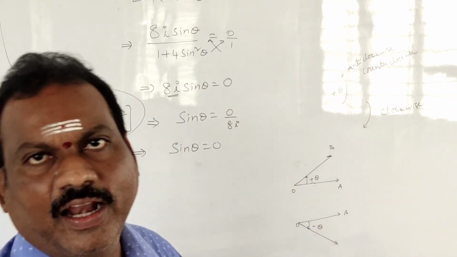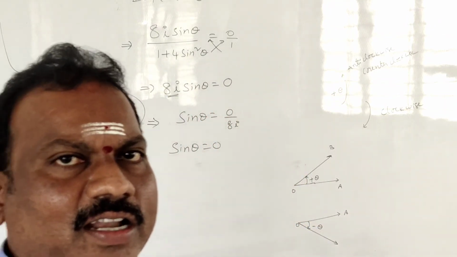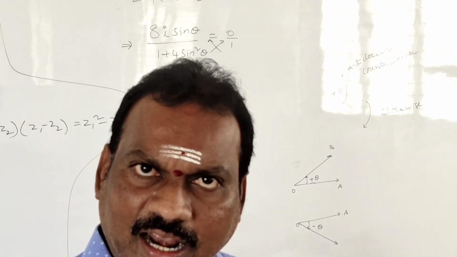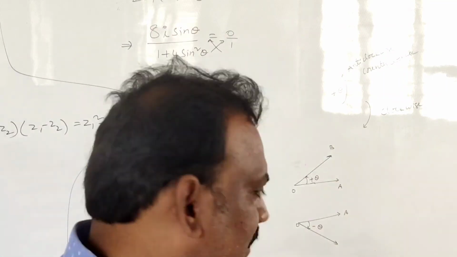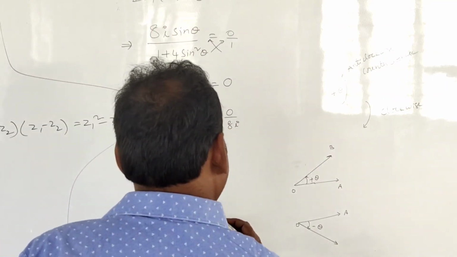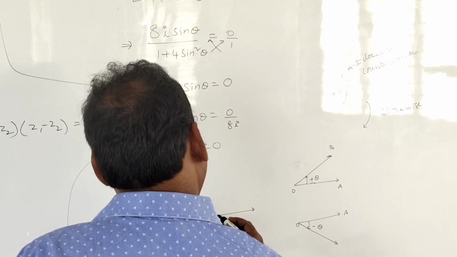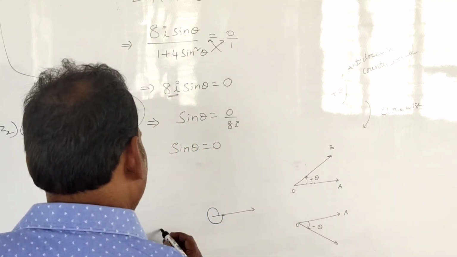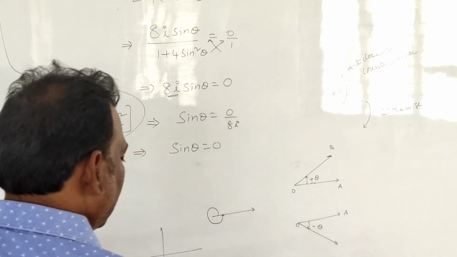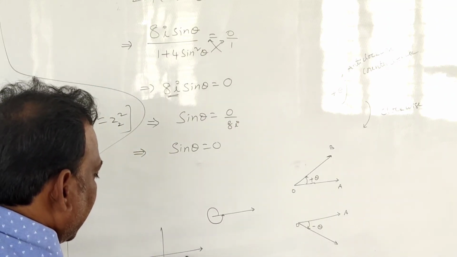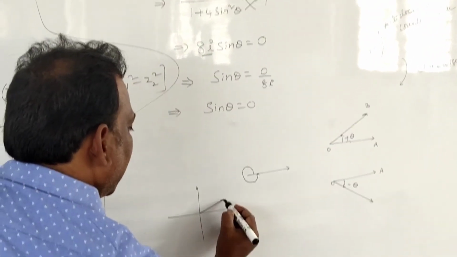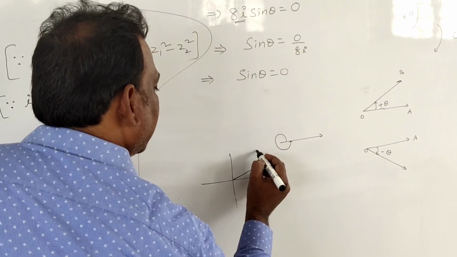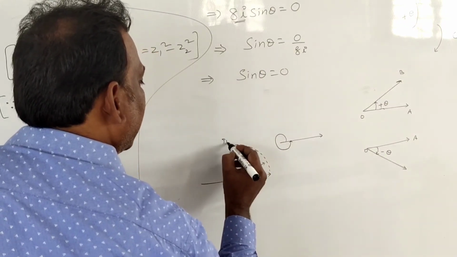Positive angle, negative angle. So the angle is not limited to 360. It won't end at 360. It will go to infinity. Suppose the terminal ray starts rotation from the initial ray, and comes to this position, 90.